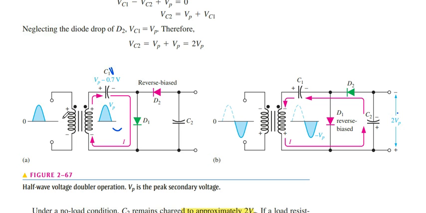When the positive half cycle comes to an end, the negative half cycle is starting, D1 is reverse biased and D2 is forward biased.